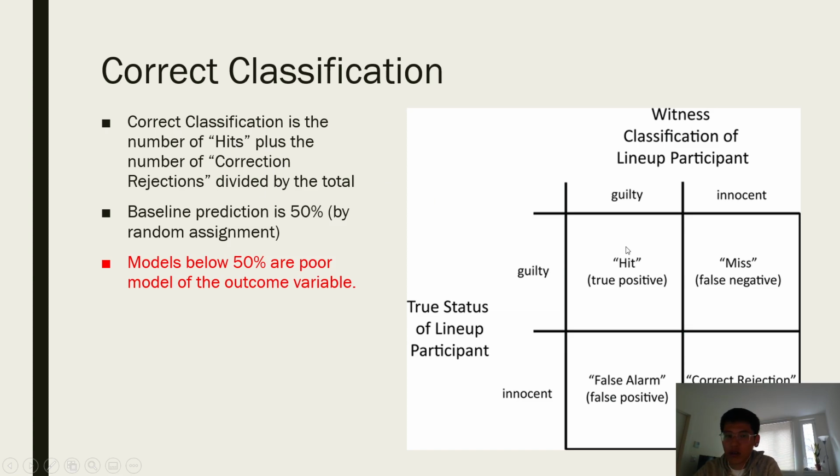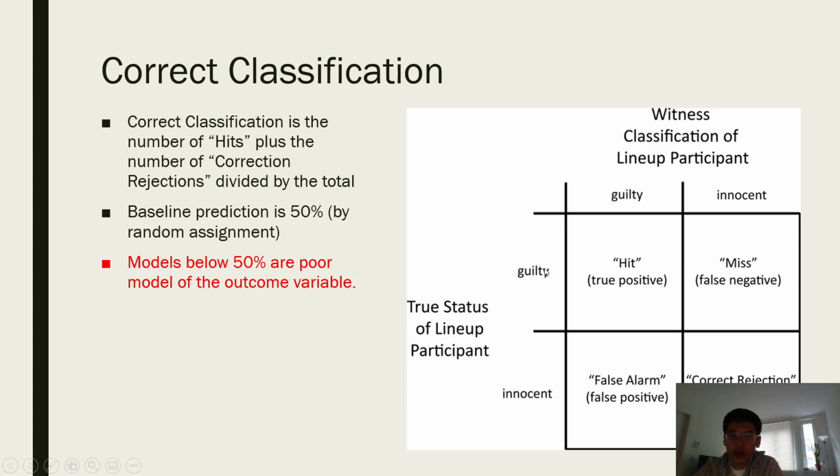Here is an example of a matrix that is very commonly used, called the confusion matrix. We can use the confusion matrix to calculate our accuracy.